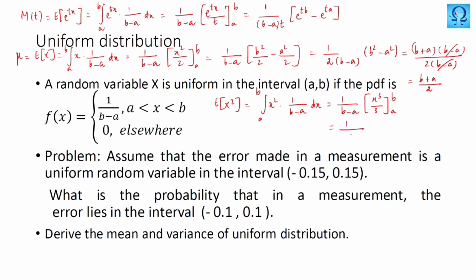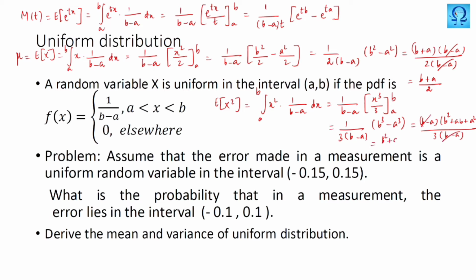So it is 1 upon 3 times b minus a, b cube minus a cube, right? Okay, if you just expand it, it would be b minus a multiplied with b square plus ab plus a square upon 3 times b minus a, and this b minus a gets cancelled.